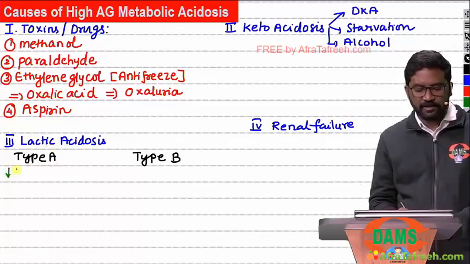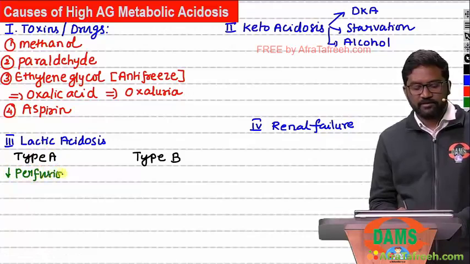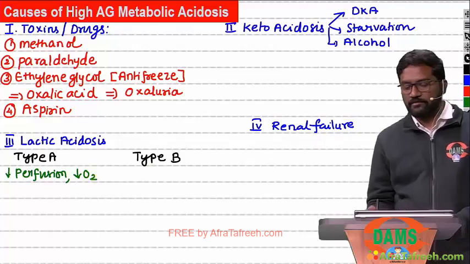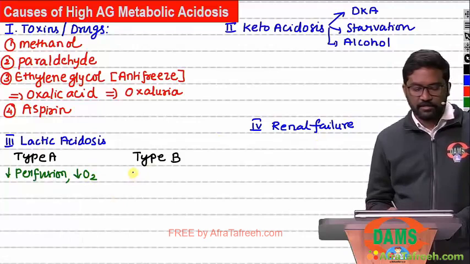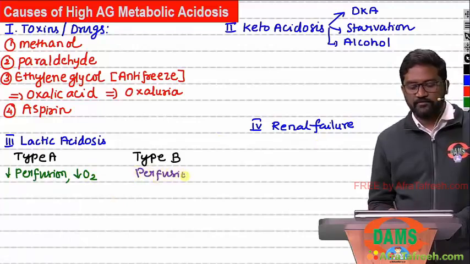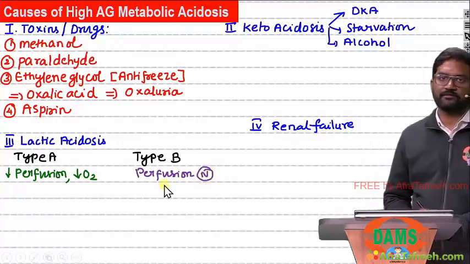So type A is classical lactic acidosis. So the perfusion is reduced or oxygenation is impaired. Whereas type B lactic acidosis, here in spite of normal perfusion also, there will be lactic acidosis.